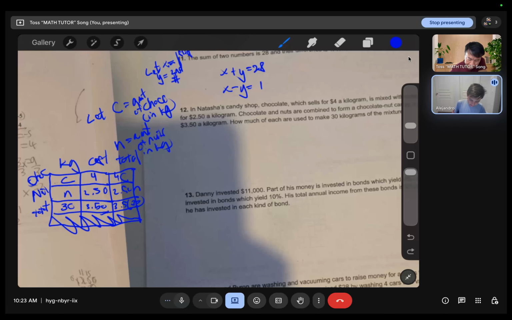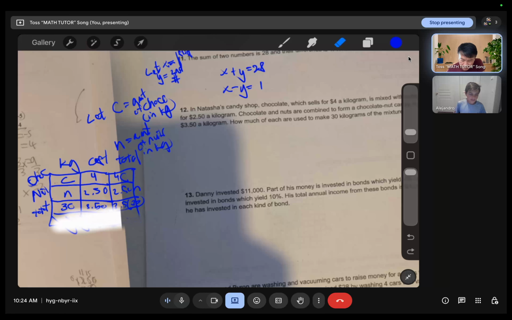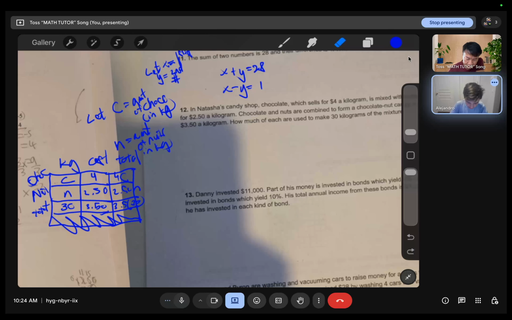I would write it below this or on the side. Are you still with the table? Not really. If you want, you can make an extra row here, but might as well set up the equation. So I think it's 4c plus 2.5 n.